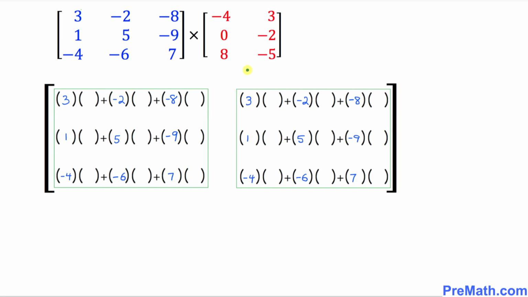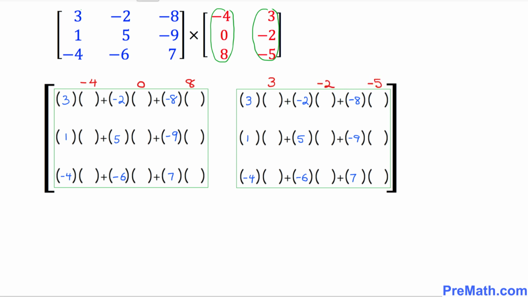Now let's shift our focus to the right-hand side, the red matrix. Let's focus on this first column, -4, 0, 8. I'm going to make this column a row, and I'm going to put it down like this: -4, 0, 8. Likewise, I am going to take this other red column and write it down as 3, -2, -5.